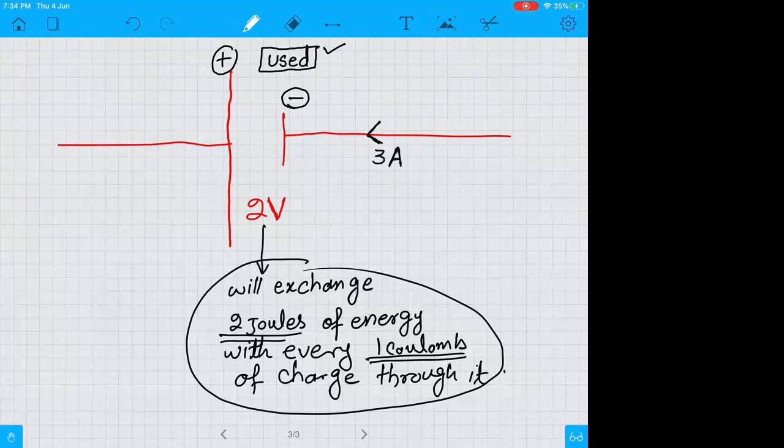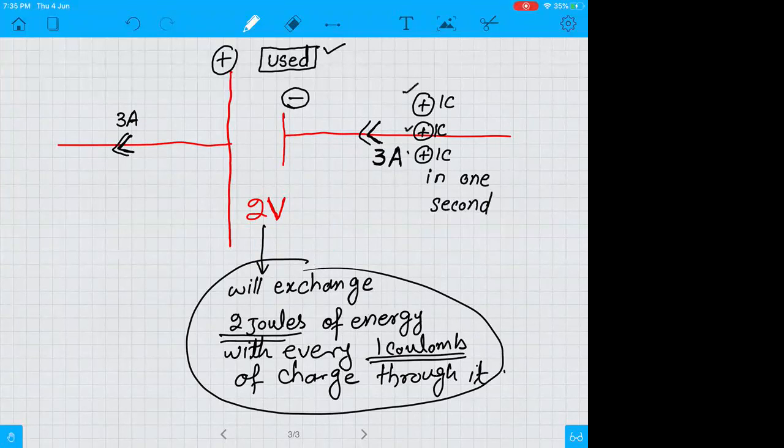Now, by principle, you know that if 3 ampere current enters the negative terminal, then the current leaving the positive terminal will also be 3 ampere. It cannot be different. Now, what is meant by 3 ampere? Actually, 3 ampere is 3 coulombs of charge passing through a point in 1 second. So you have 3 coulombs of charge passing through this cell in 1 second. That's why the current is 3 ampere. And initial energy of this 3 coulomb charge could be anything.